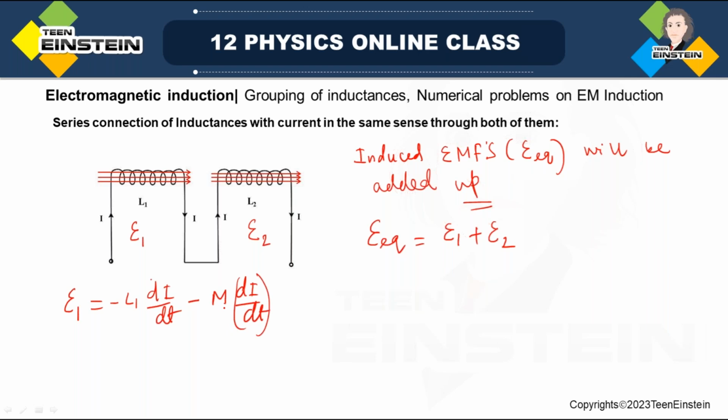We always know that EMF is induced in a coil when the current or magnetic field is varying in the other coil. Since the same current is flowing, these two are the same, but we'll see later that this is the current. So this is the factor which is related to coil 2.